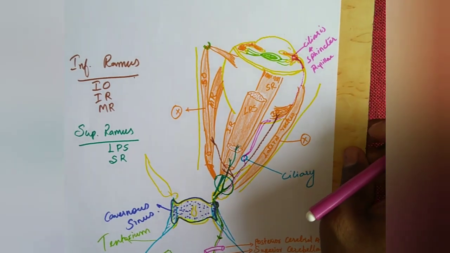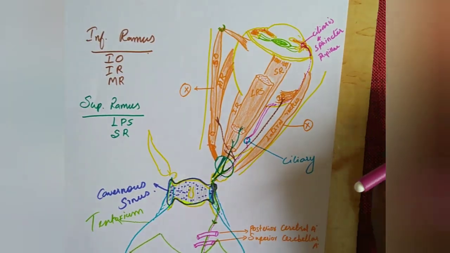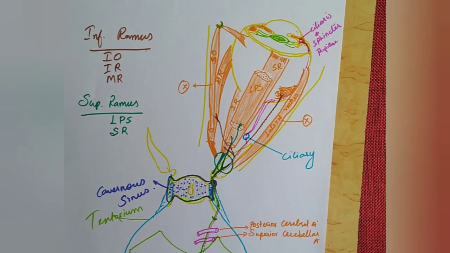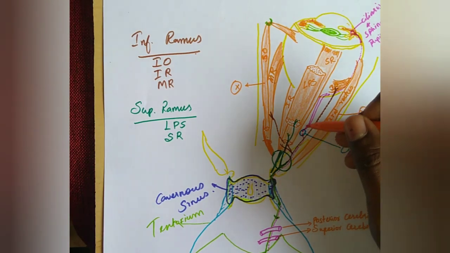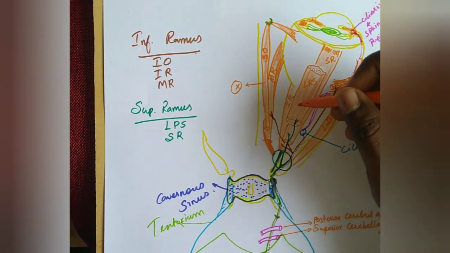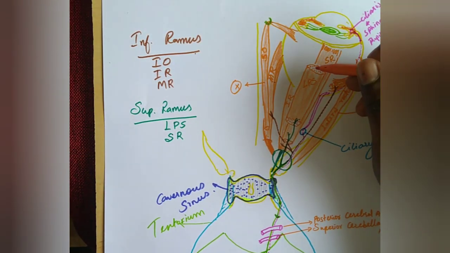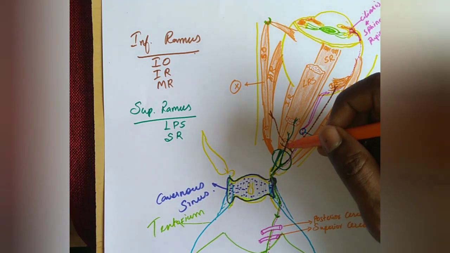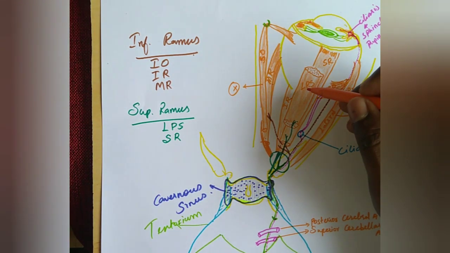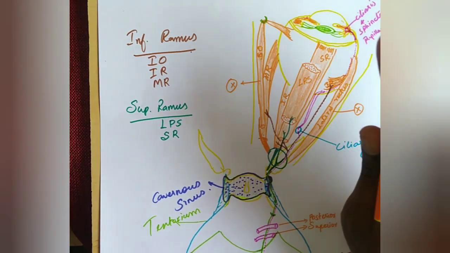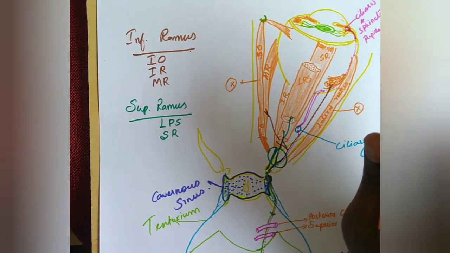Next, we will study the applied importance of the oculomotor nerve. The oculomotor nerve supplies the levator palpebrae superioris, so paralysis of the oculomotor nerve can cause paralysis of levator palpebrae superioris. The function of levator palpebrae superioris is to elevate the upper eyelid.